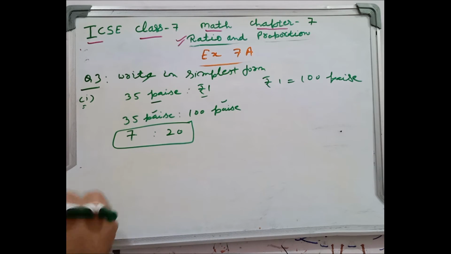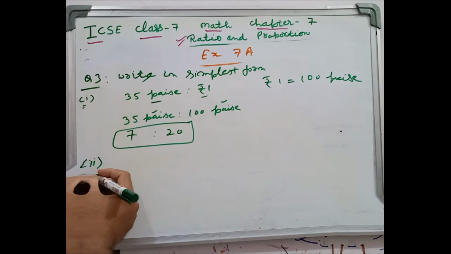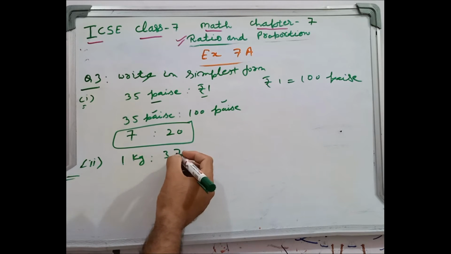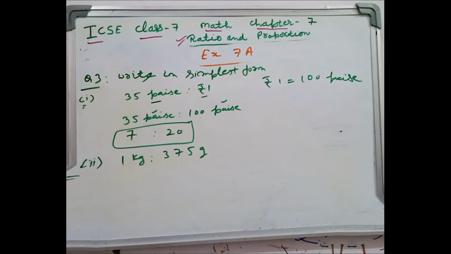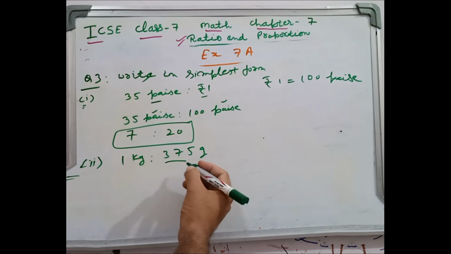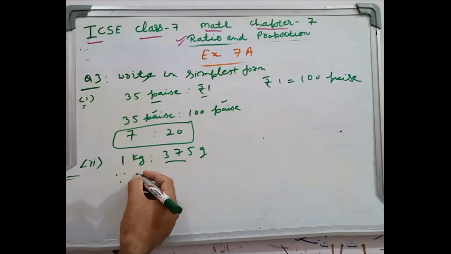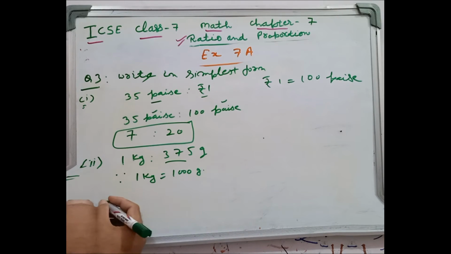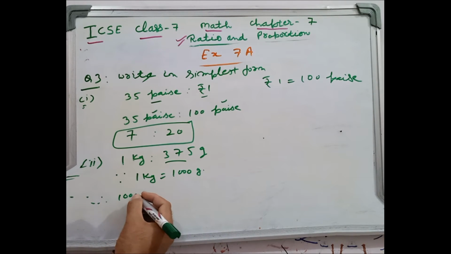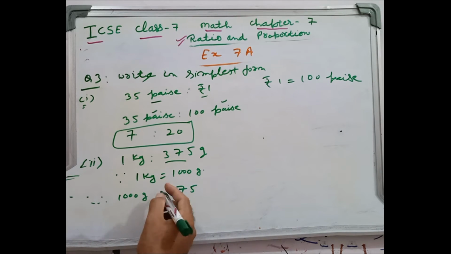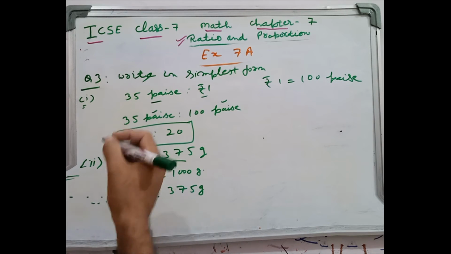In the same way, you have second: 1 kg ratio 375 gram. So this is bigger, so we will convert this kg into grams, because 1 kg equals 1000 gram. So 1000 gram ratio 375.